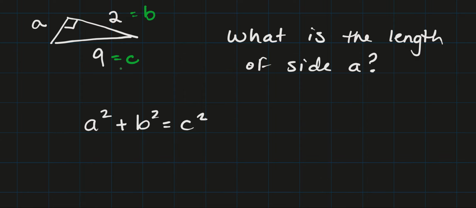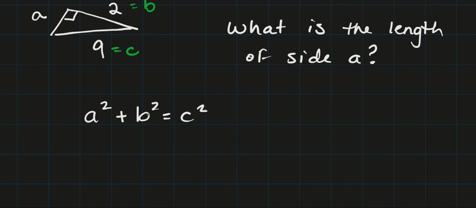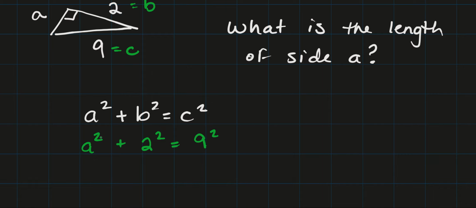Okay, so we're just going to plug all of this information into the Pythagorean Theorem. So B is 2, so we have 2 squared is equal to C squared, which is 9 squared, plus A squared. And now we're just going to solve for A. So this is solving for the variable A in an equation with 3 variables. But now, since we know what B and C are, we're actually just solving for one variable where this equation just has a bunch of numbers.